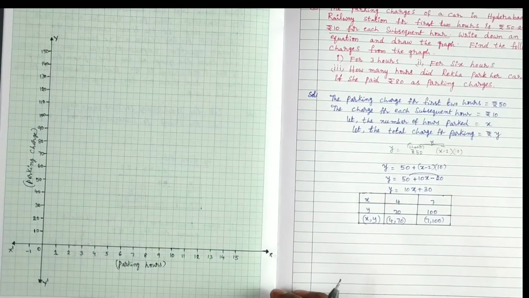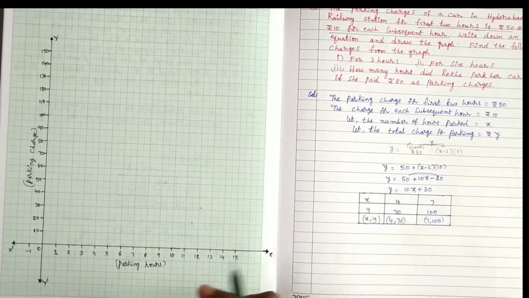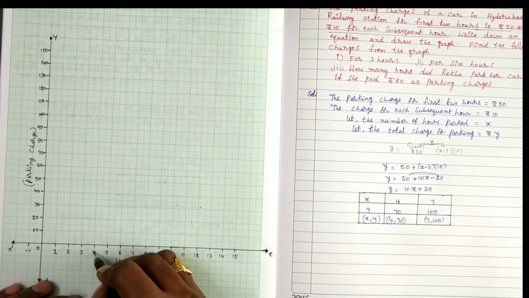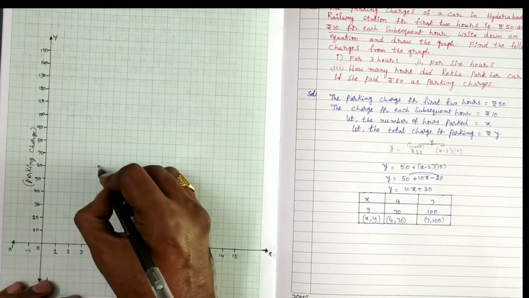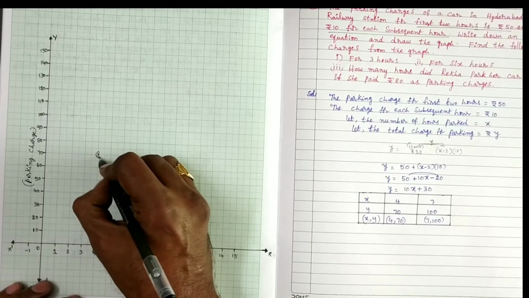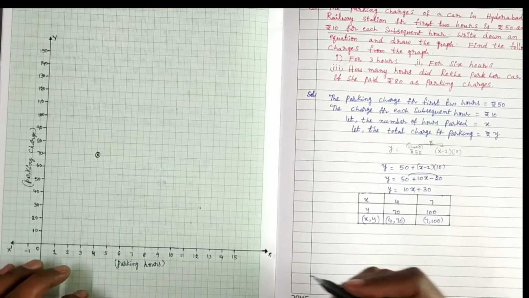So from this graph, first point is 4 comma 70. So keep 4 comma 70, on x-axis 4, y 70. So this is 4 and 70. So look at this point. This point represents 4 comma 70.